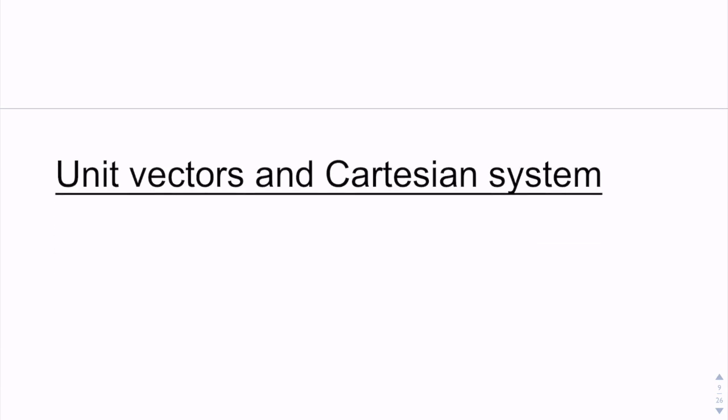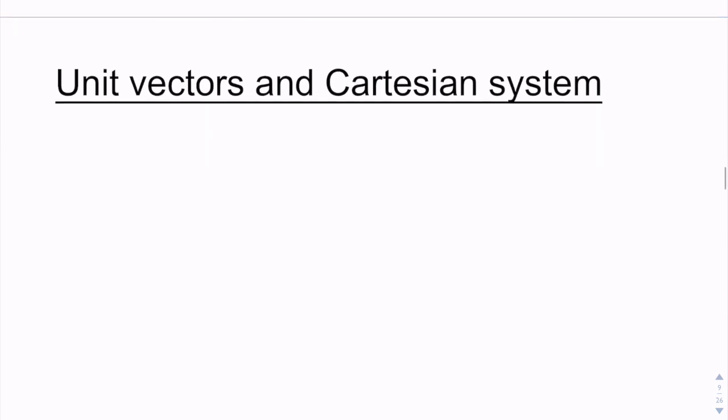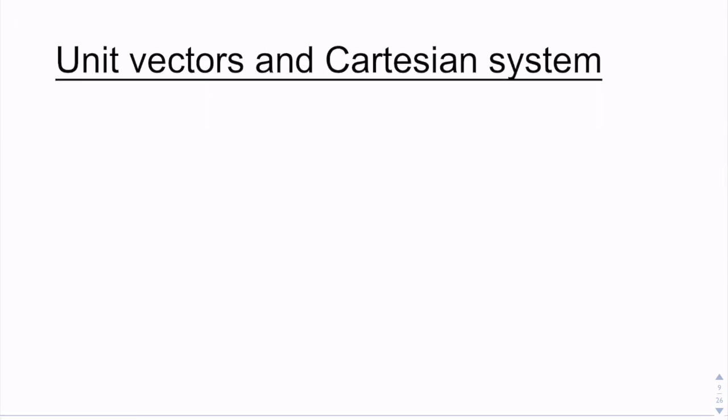About the unit vectors and the Cartesian system, right? When you were in high school, you were all familiar with vectors, and we showed vectors in the Cartesian system. When we have a vector, we can express it in terms of unit vectors. Why is this important? Because as I said, we are interested in linear systems.